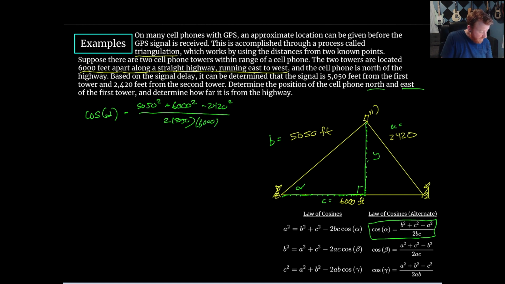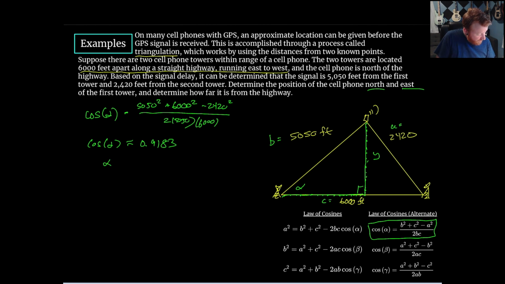So we will put that into a calculator. We're getting that cosine alpha is about 0.9183. I would try to keep the full expansions in my calculator as I'm working these out precisely.